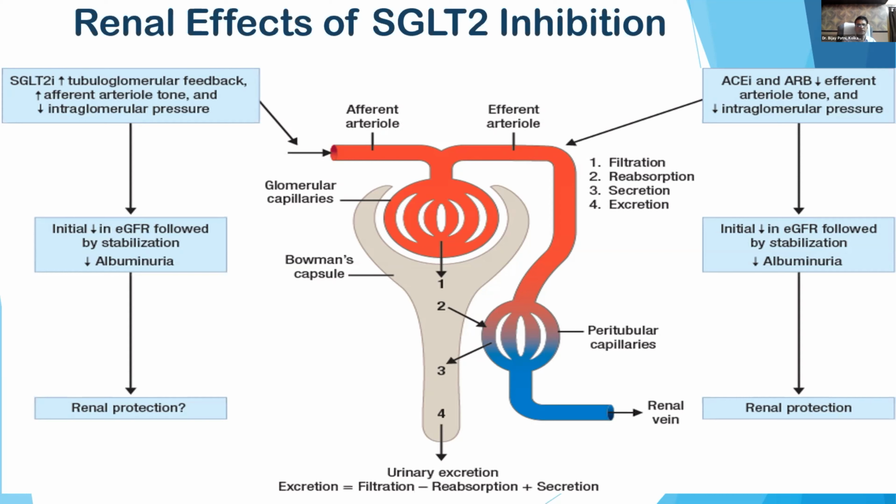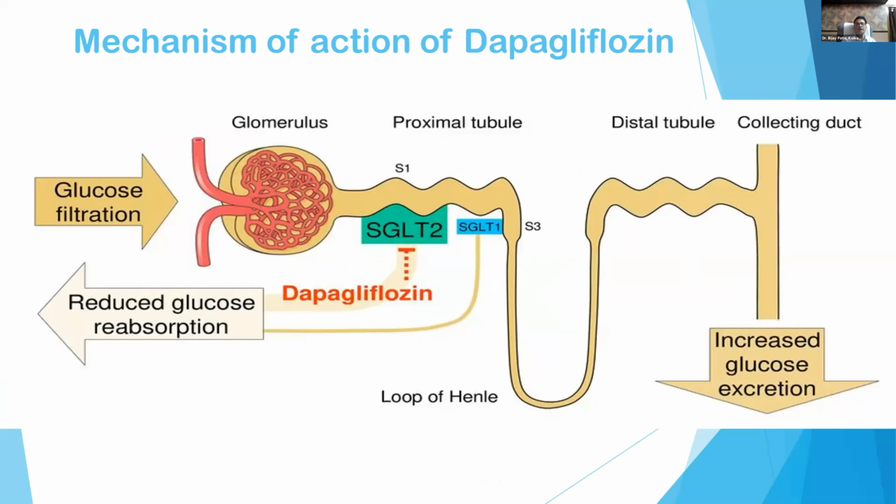So both of them together have a kind of synergistic effect in CKD. And everyone is aware of the mechanism of action of dapagliflozin. Obviously, it inhibits SGLT2 in the proximal tubule, thereby reducing glucose reabsorption and increasing glucose excretion. That's how the glycemic effect takes place.